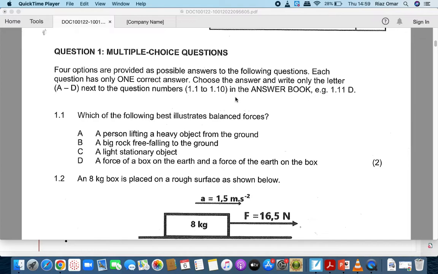So looking at the options for 1.1, the answer which best fits the question, which of the following best illustrates balanced forces, is forces acting on a single object. So the best answer there will be a light stationary object. So the best answer will be C.